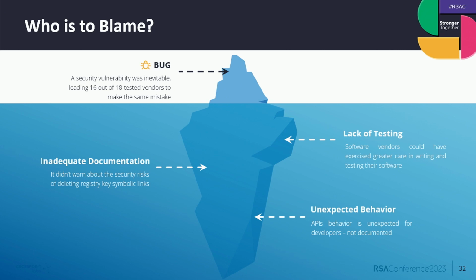Secondly, we have inadequate documentation that first failed to document that unexpected behavior, and secondly, also failed to warn about the security risks of deleting registry links in Windows. And I guess finally, some responsibility must also be placed on the software vendors for not having tested their products against deleting different registry objects, including registry links.